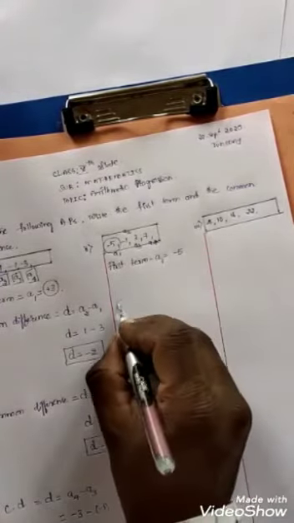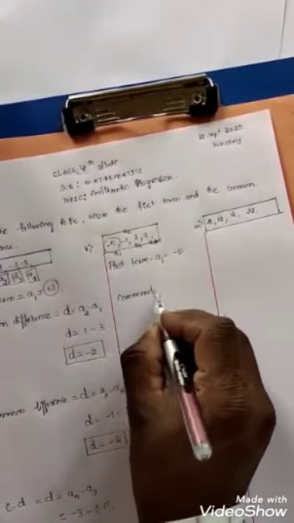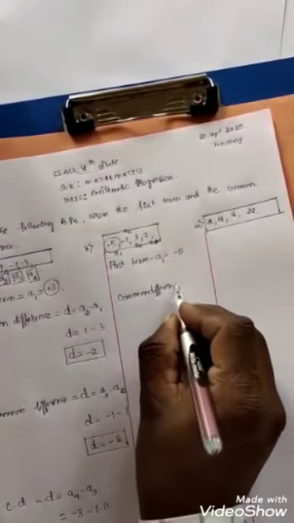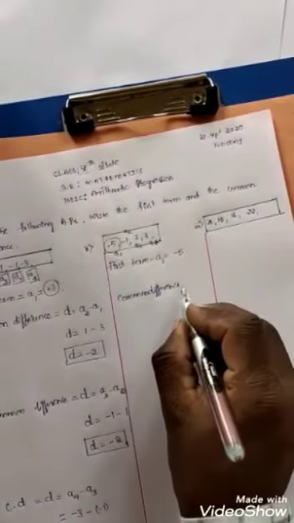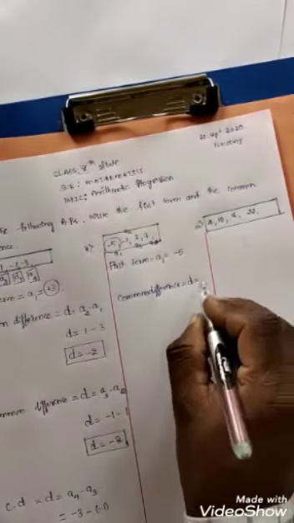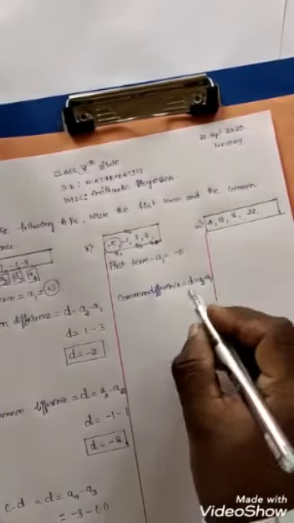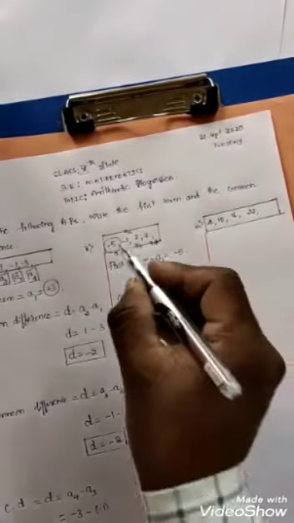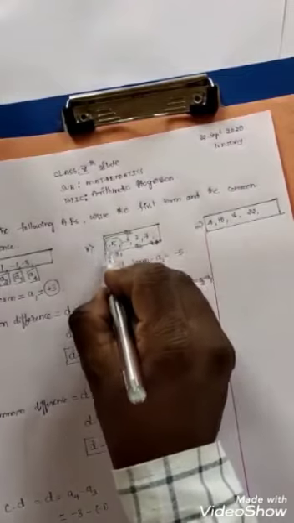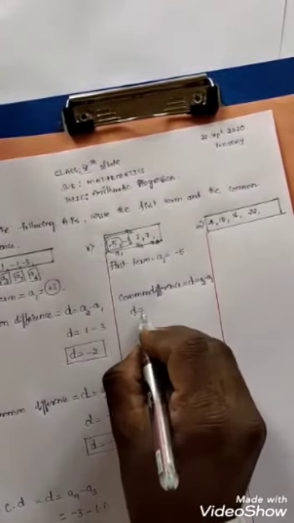So we need to find the common difference. It can be denoted as d. We know the formula: d is equal to A2 minus A1, the difference between the given two consecutive terms.